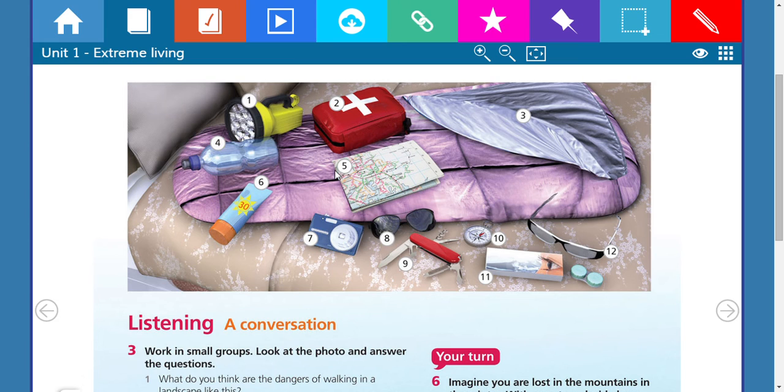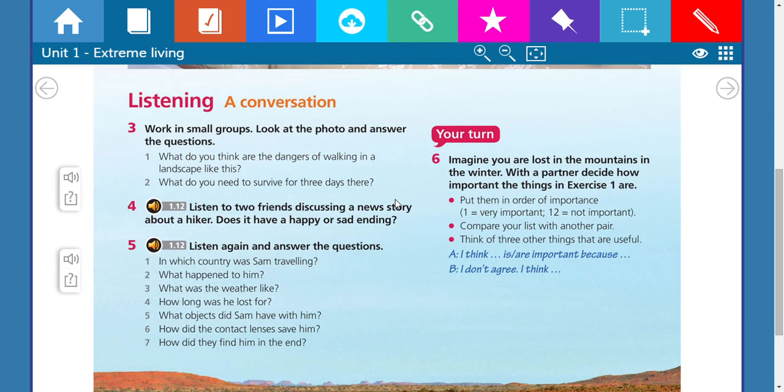Okay. Is a camera necessary? Well, for 3 days? Maybe yes, but not essential. What about sun cream? Yes. Water bottle? Excellent. What about a pen knife? It's a possibility. A map? Could be.